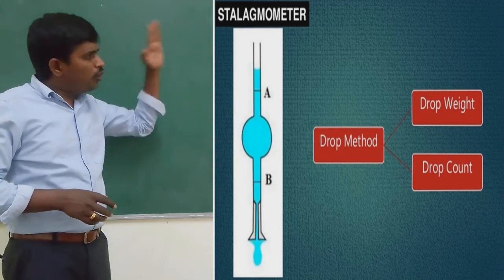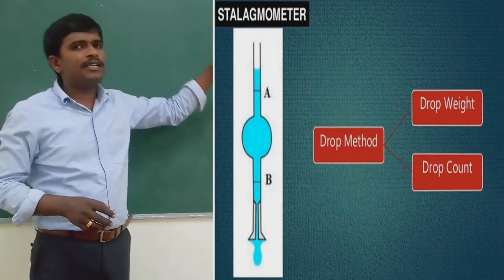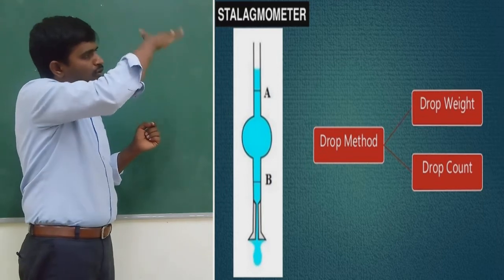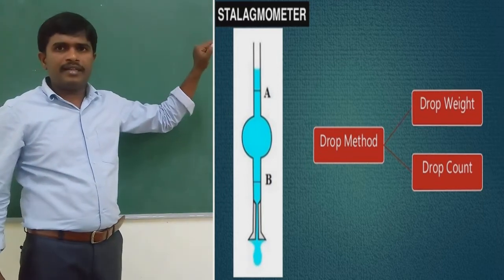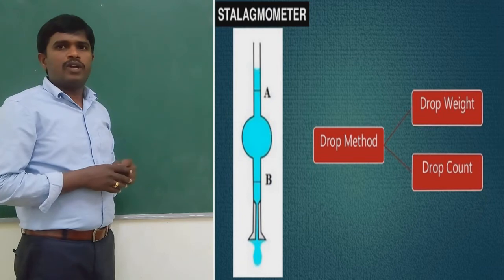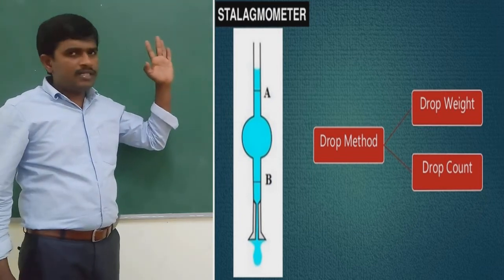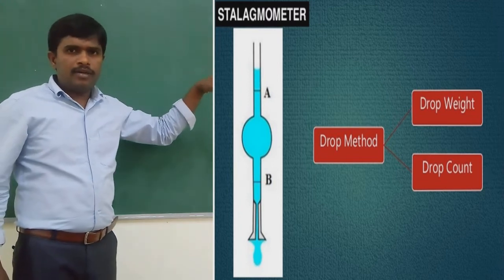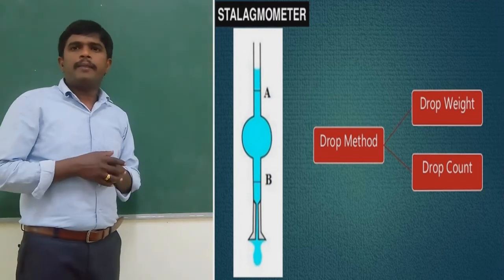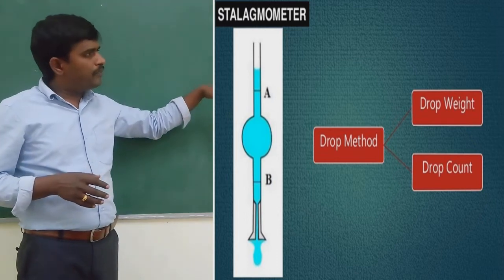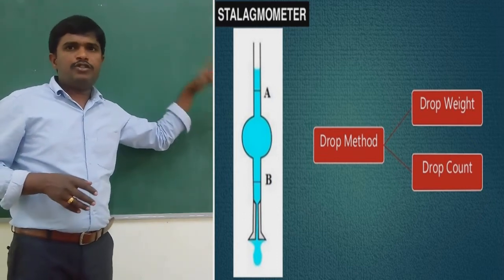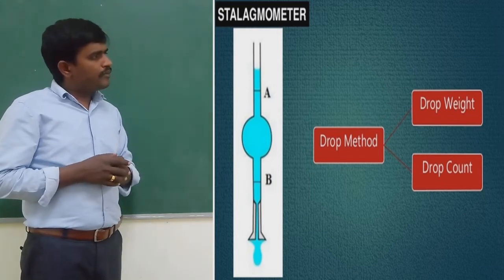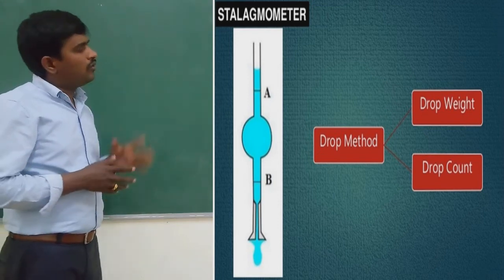Below the bulb there is a lower mark, represented as B. Above the bulb, that mark is represented as A. Inside the lower bulb, there is a capillary tube, and the opening of the lower tube is very narrow.